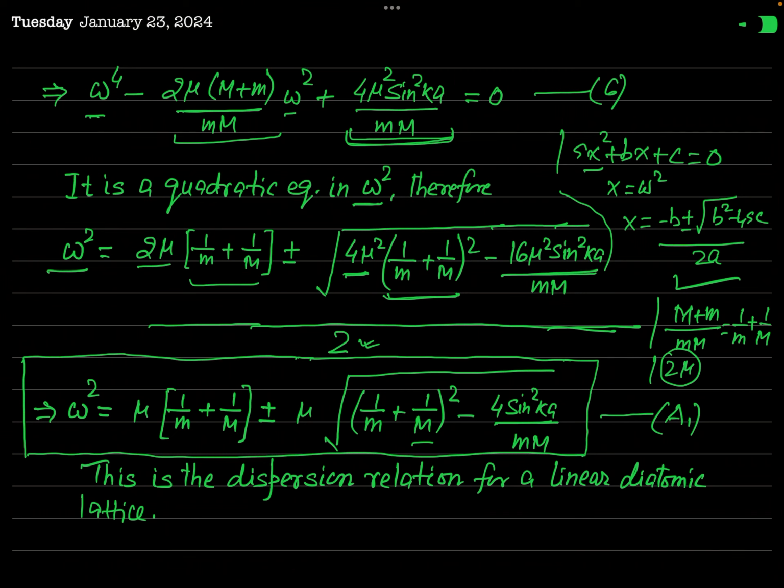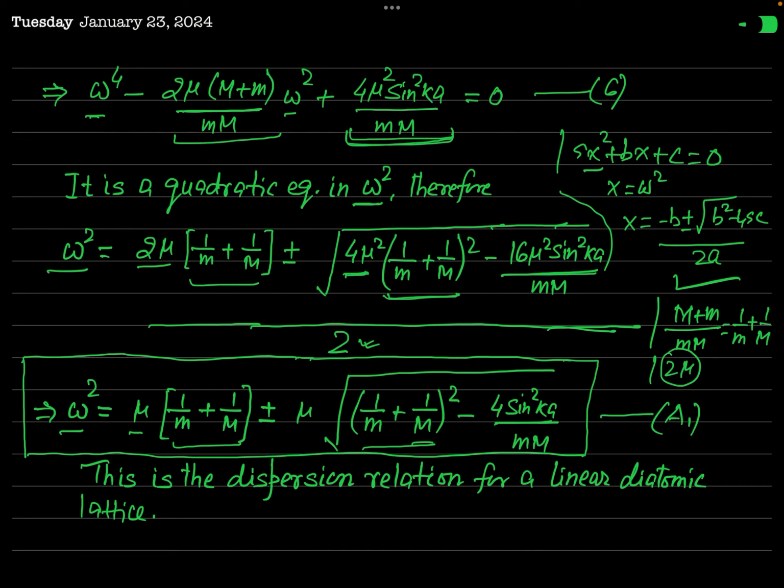So after cancellation of 2, you will get omega square equal to mu times (1/m + 1/M) plus mu times a square root of (1/m + 1/M) whole square minus 4 sine square Ka divided by m times M.